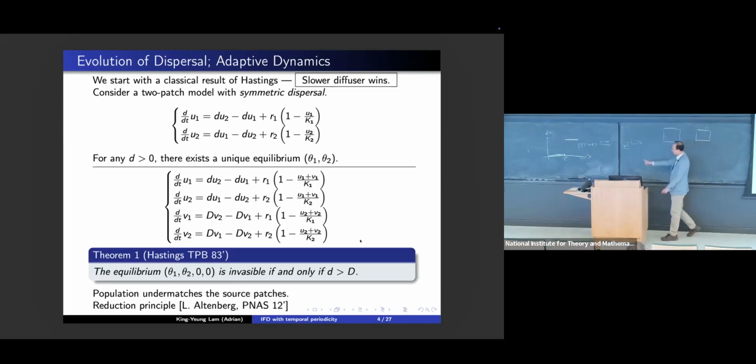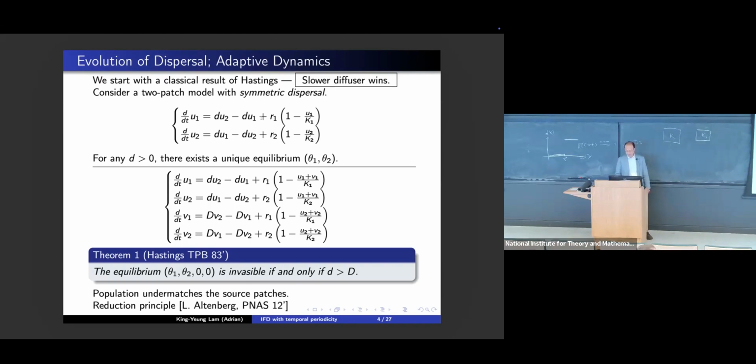So the model above is the model for a single population. Different patches have different carrying capacities K1 and K2, and different growth rates r1 and r2. In individual patches, the demographics are given by logistic growth, and different patches are coupled by a symmetric diffusion, in this case with rate d.